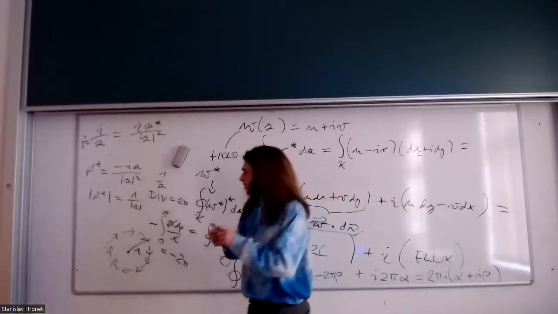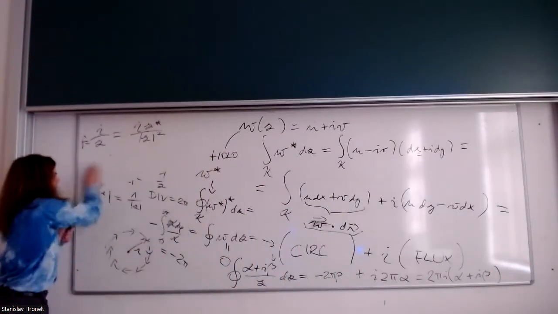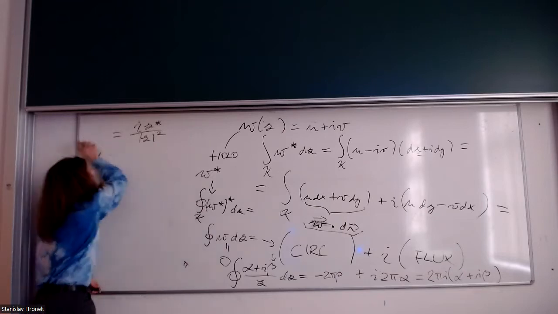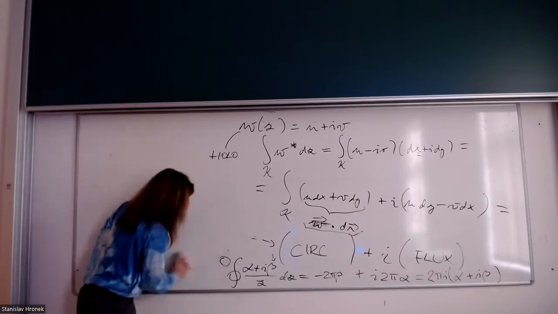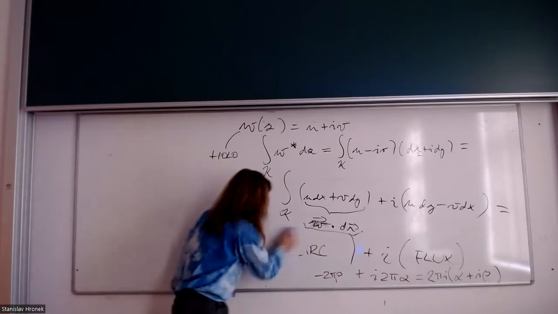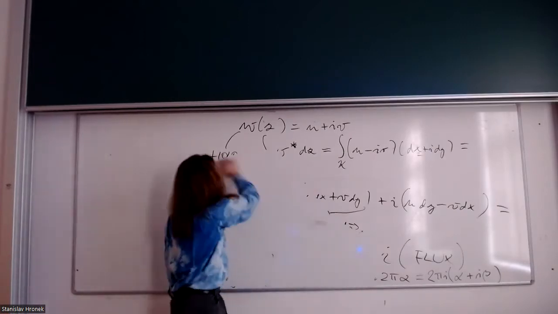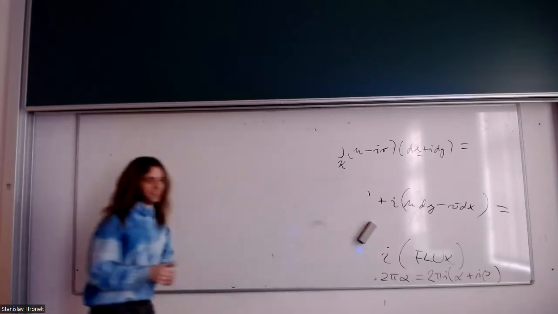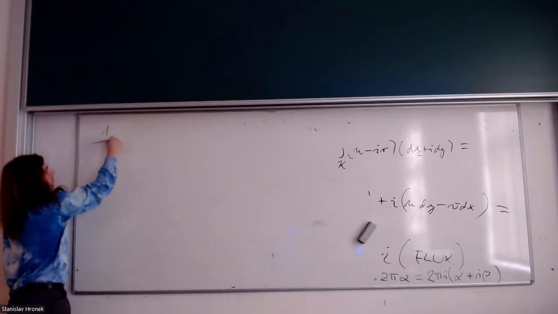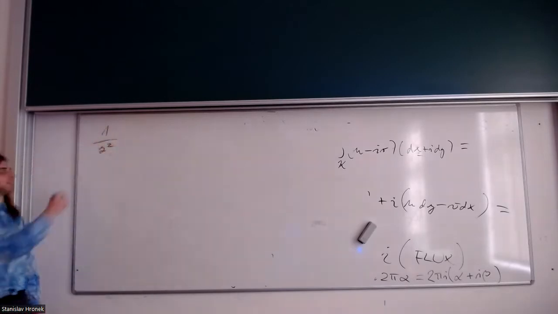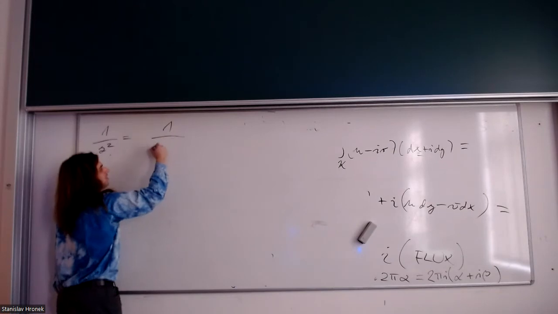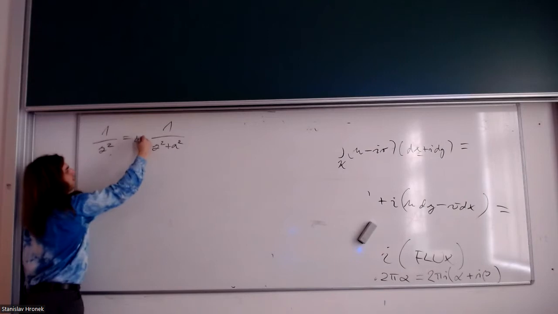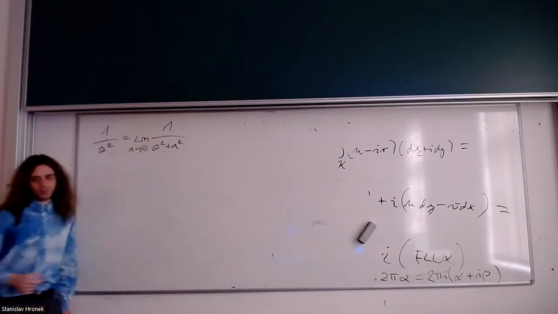And the answer is pretty simple. Let's do a little algebraic trick. Let's write 1 over z squared as 1 over z squared plus some a squared, and now let's send the a to 0 in the limit.